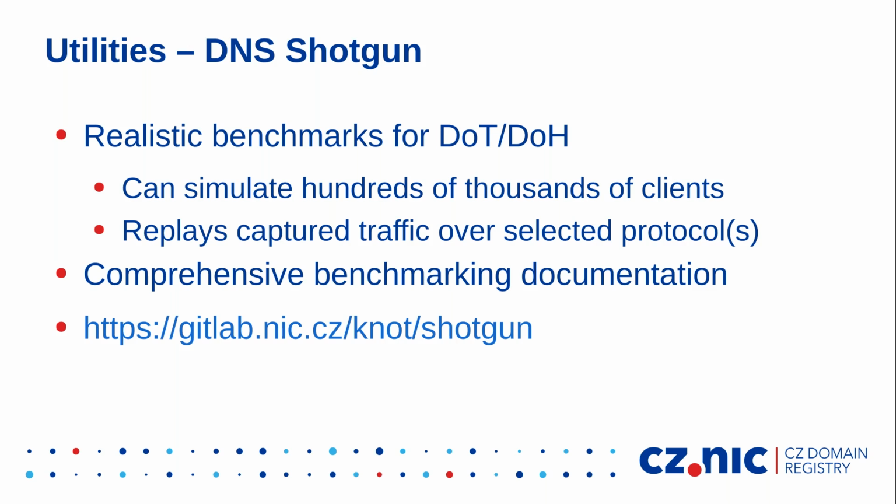The drawbacks of some of the other tools are that they establish a certain number of connections and then send the queries over them, which isn't really how your real clients are going to behave. Because first of all, your real clients will have a lot of connections. Each one of them will have at least one.